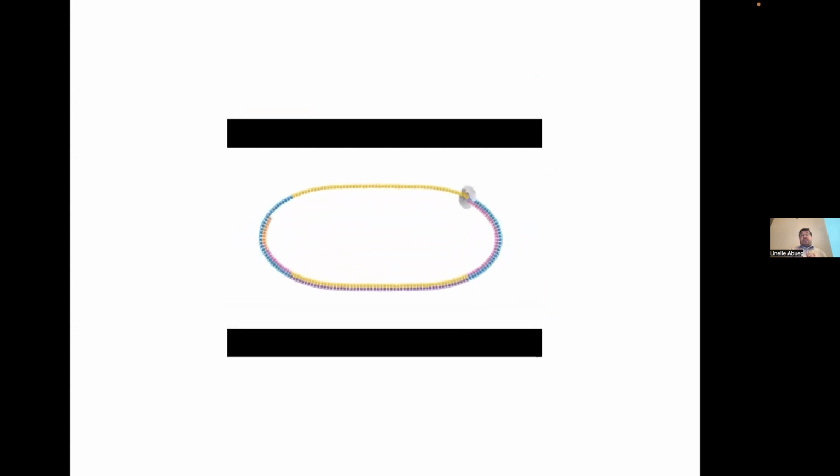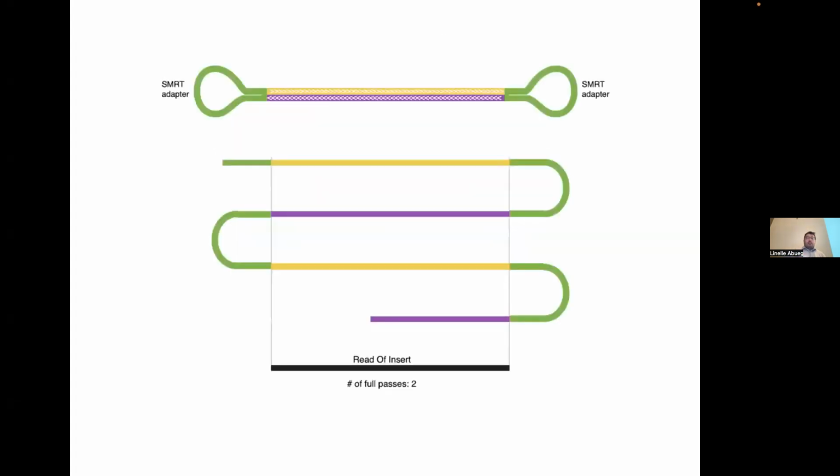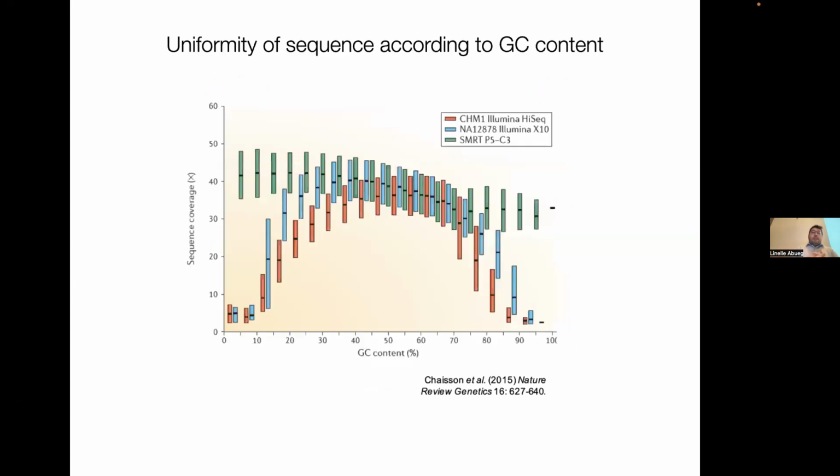And now you can see this hairpin makes the library circular, and you keep going. You keep going until the polymerase dies. Right. And this is a very important thing, and we'll talk later about how PacBio improved the technology. I will skip this one.